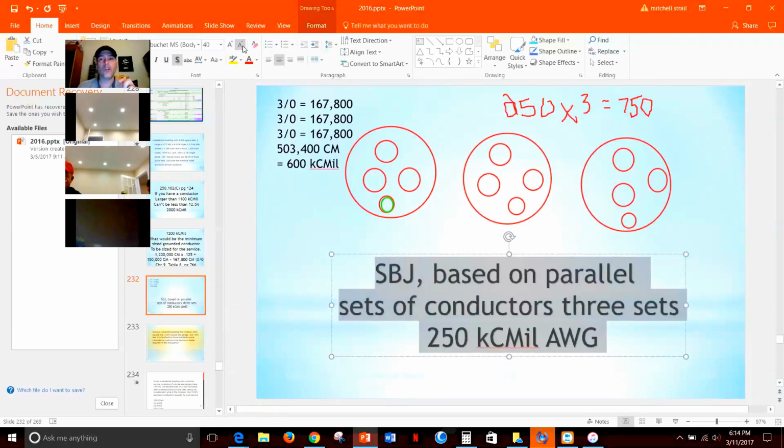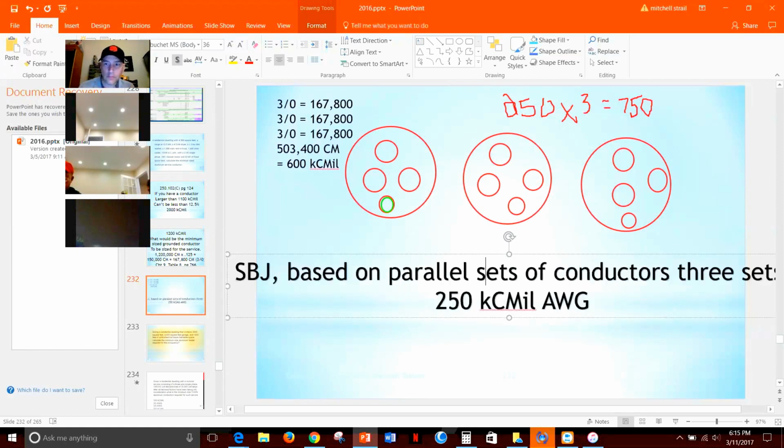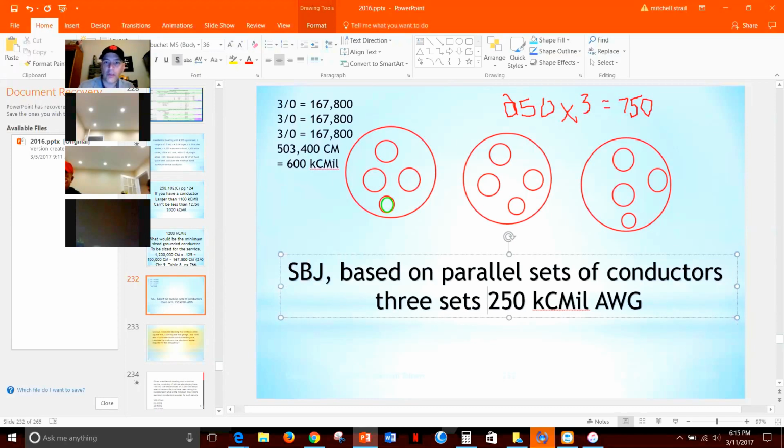So if I had 3 pipes of 250 kcmil conductors, 3 sets, and each one of those pipes had 3 250 kcmil phase conductors, an A, a B, and a C. Make this one red.